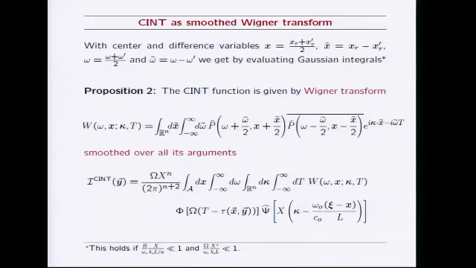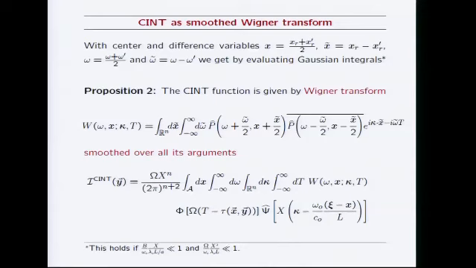You take your random field P and define this: it is like taking a Fourier transform in the offset of the frequencies and in the offset of the sensor location. Okay, so this is the definition of the Wigner transform.